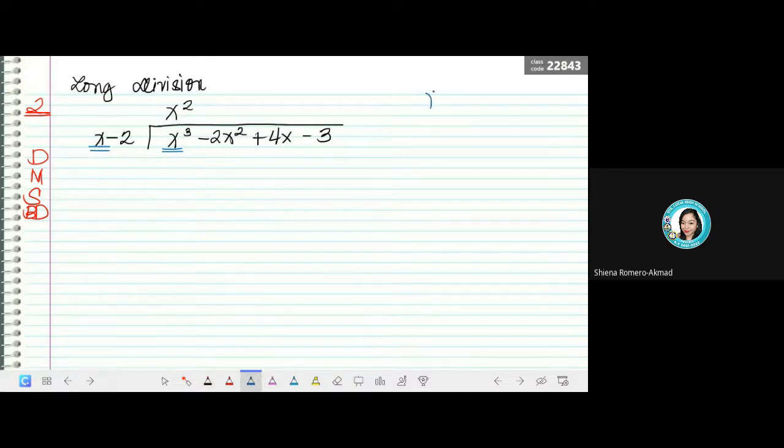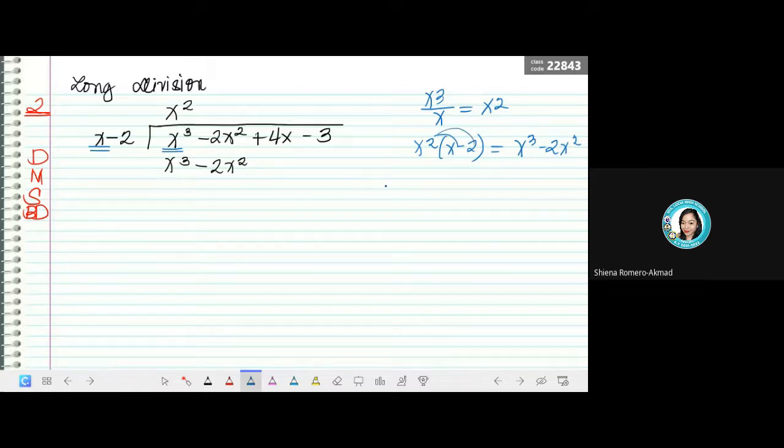Next, i-multiply natin siya sa dalawang terms. So, that's x squared times x minus 2. Pag diniretso ko siya, x squared times x is x cubed. X squared times negative 2 is negative 2x squared. Or pwede rin naman, ganito gawin nyo.